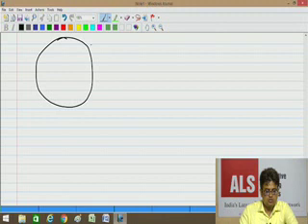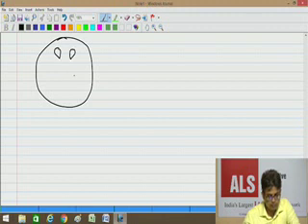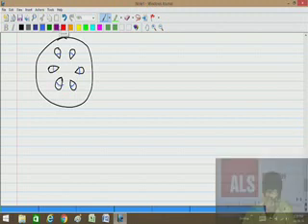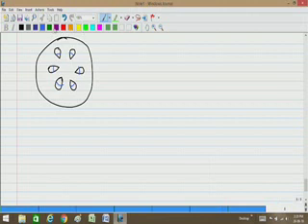When you draw a section of a dicot stem, you will draw many vascular bundles like this. The inner side is the xylem, the outer side is the phloem.